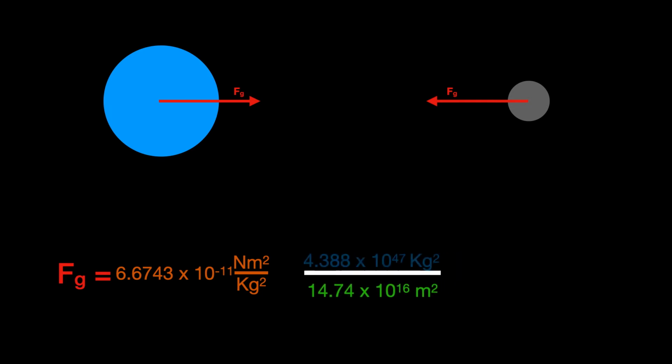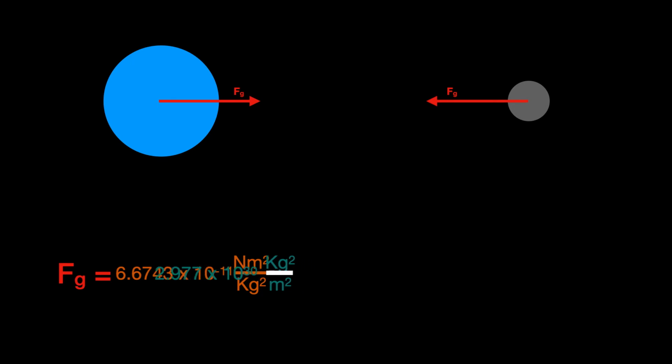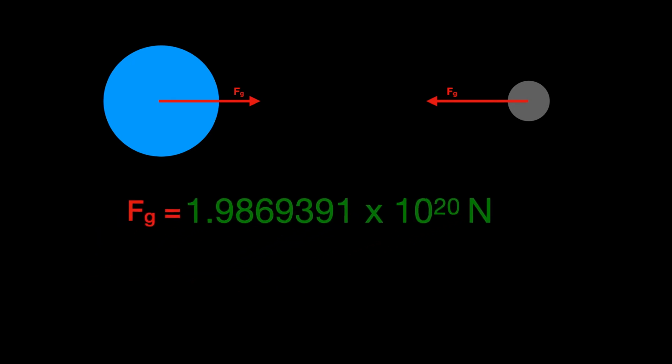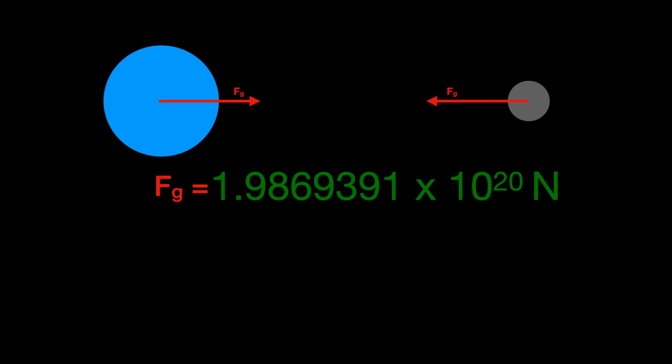We square the meters, combine those two to get 2.977, and then we combine those, and we are left with 1.9869391 times 10 to the 20 newtons. That's a little bit over, so I'm just going to say about 2 times 10 to the 20 newtons. Too many decimal places.